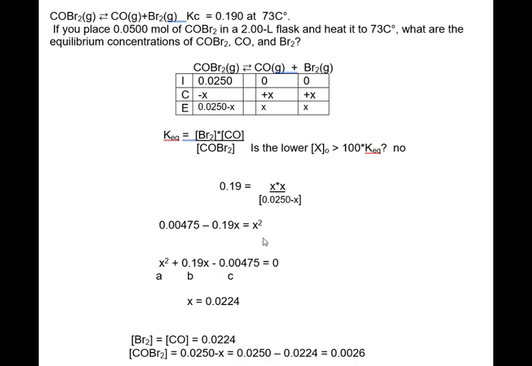So we proceed and set up a quadratic equation and then use the quadratic formula to solve for x. And the value of x is 0.0224. And the answers we want to report are 0.0250 minus x, because that's the equilibrium concentration expression for the reactant. And in this case, the x is the concentration for both of the products.